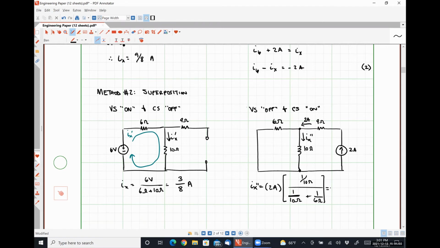So that's going to be 5 over 8. No, sorry, 3 over 8 times 2 is 6/8 of an amp. By all means, put it in your calculator and don't do it mentally like I did.